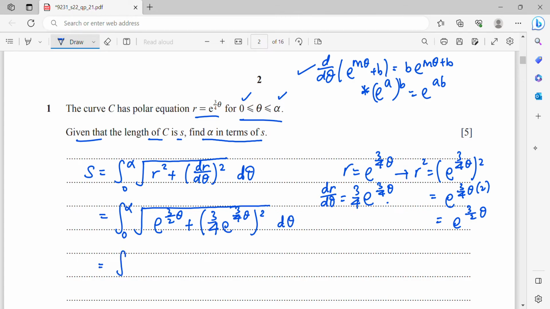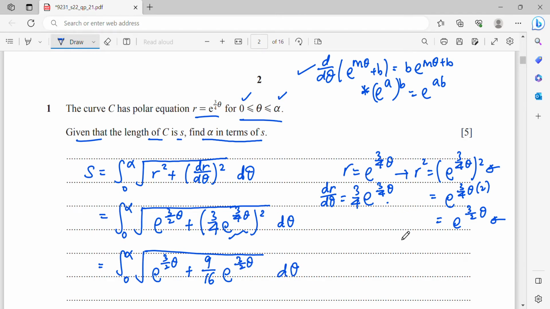From here, I will get the integral from 0 to alpha of the square root of e to the 3 over 2 theta plus, now the square of 3 over 4 is basically 9 over 16, times the square of exponential 3 over 4 theta, which we have solved here, exponential 3 over 2 theta.